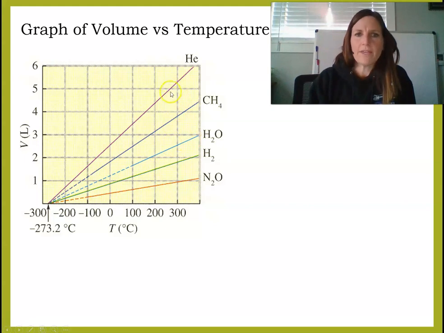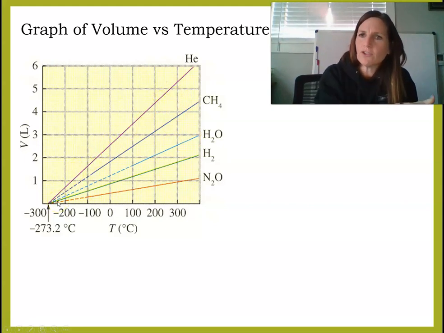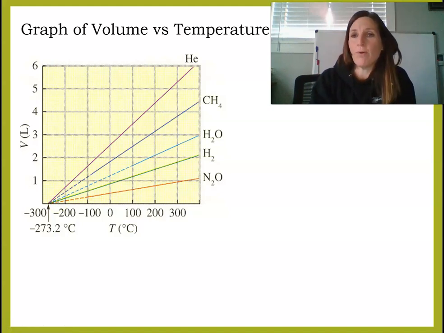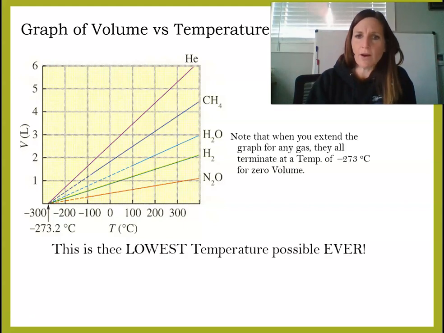With water, with helium, as you cool them, if you look at their trajectory, they are going to crash into the x-axis at the exact same point. I know you know this from math, but you can actually calculate the number where they cross. And it turns out that they cross at negative 273 degrees Celsius.